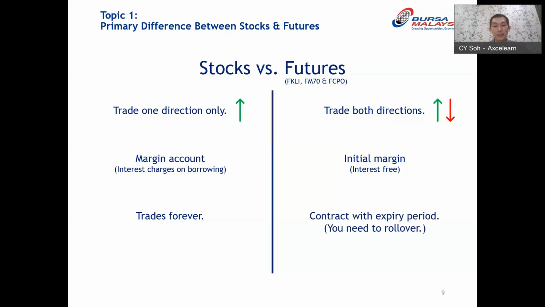The majority of people who started to trade futures, because they are coming from a stock trading background, think that the futures market is exactly the same as the stock market. So they buy and hold their futures contract almost forever. This is a very, very big mistake. They think that the futures market is exactly the same as the stock market. In fact, it's actually very wrong.